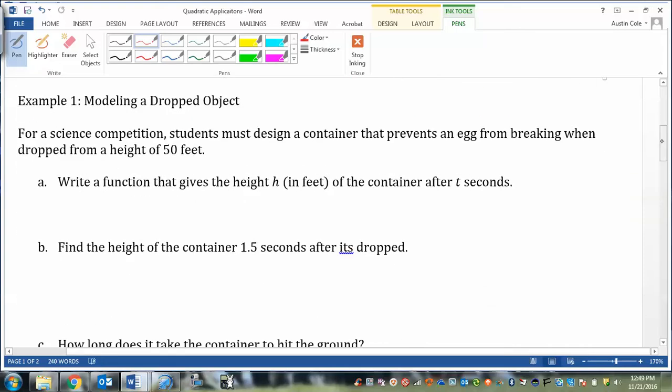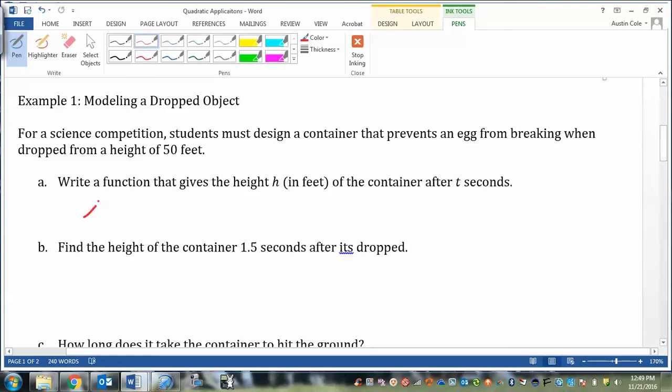So here we go. It says, for a science competition, students must design a container that prevents an egg from breaking when dropped from a height of 50 feet. Okay? Write a function that gives the height h in feet of the container after t seconds. Now, are we throwing the container, or dropping? We're just dropping it, right? So therefore, that would be our first equation.